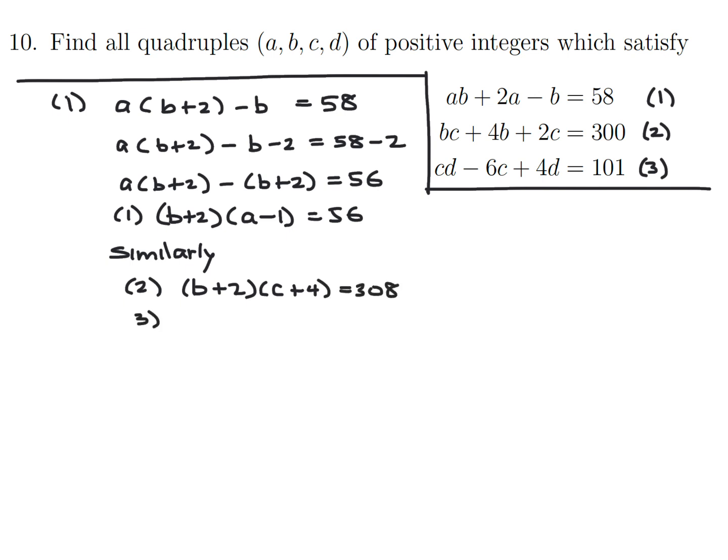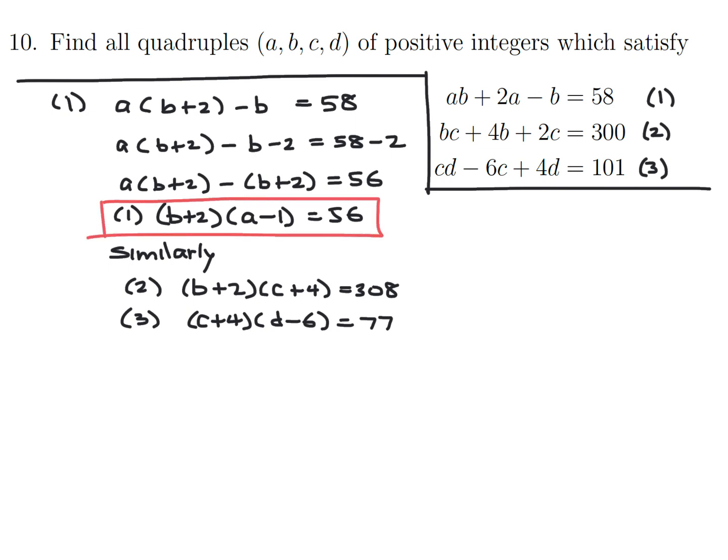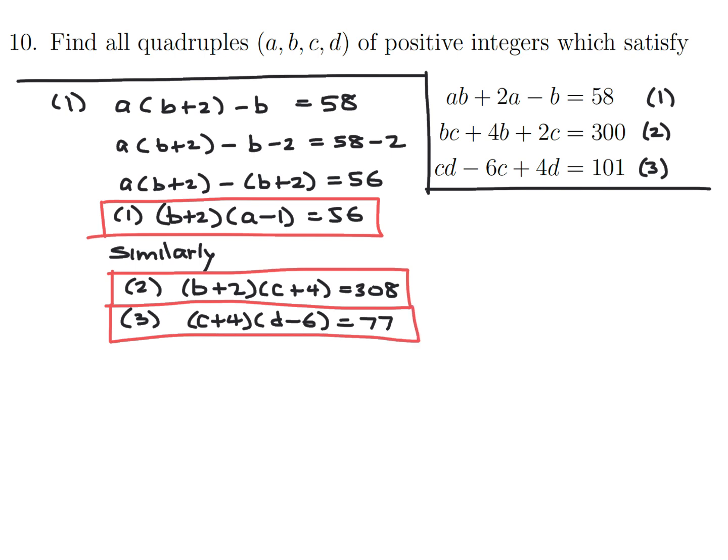And equation 3 factors to c plus 4 times d minus 6 is equal to 77. So we now have 3 equations that are modified in a way that allows us to fiddle around with this a little bit better, I think. Okay, so that is step 1.